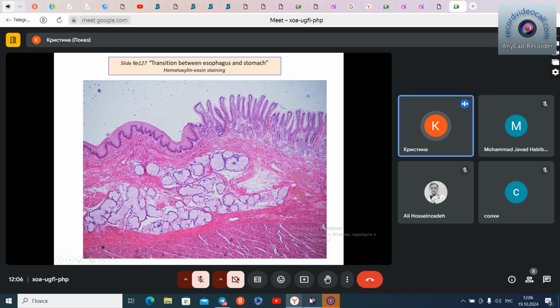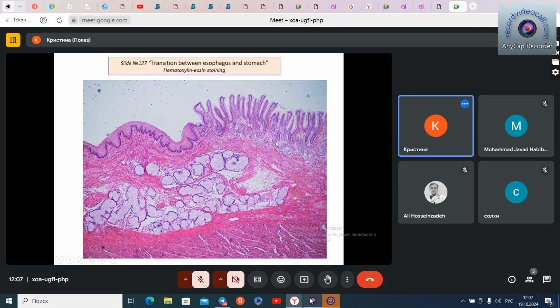The esophageal glands proper are located in the tunica submucosa, below the level of the lamina muscularis. Lamina muscularis mucosa continues this way here at the level of the stomach. It is located here, and if you look, you see the glands above the lamina muscularis. So here we see the glands of the stomach.